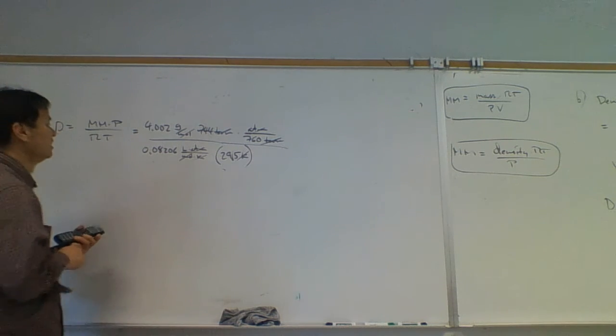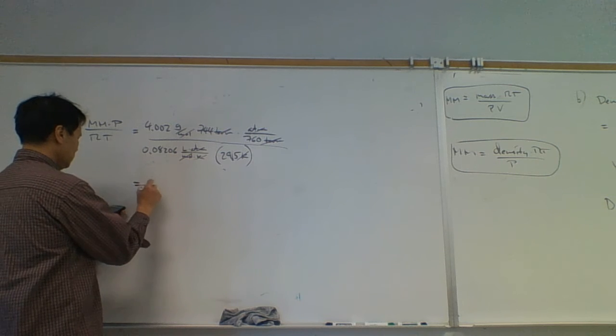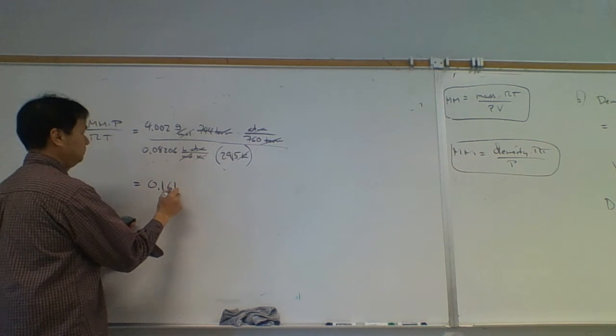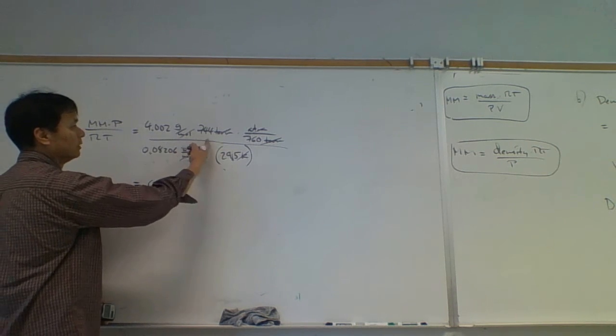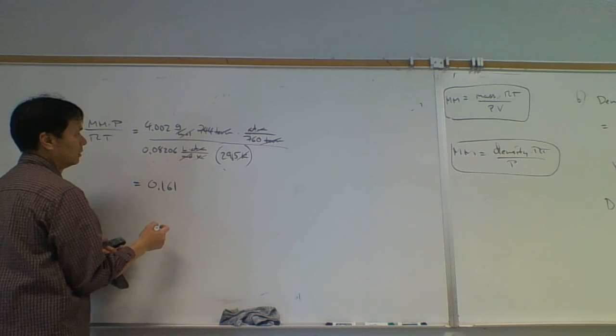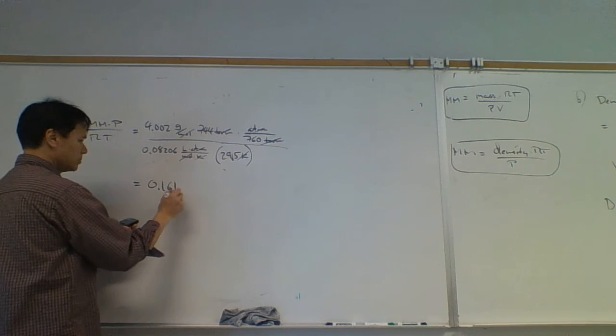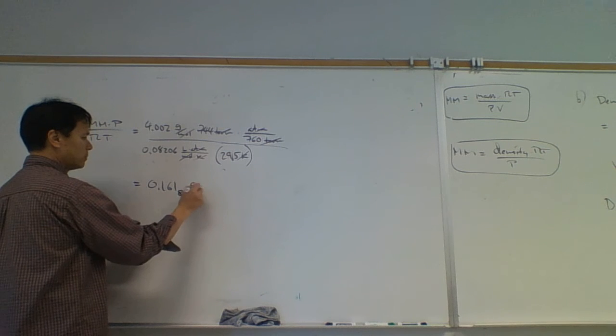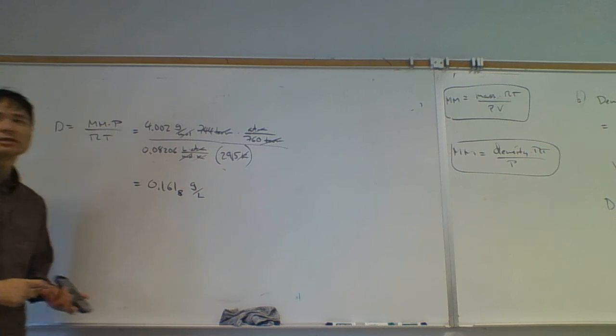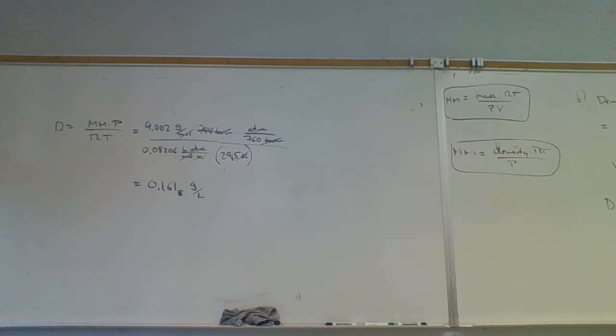I got a density of 0.161. How many sig figs are we allowed? Only 3 here, from 744 torr. So 0.1618 grams per liter, or 0.162 grams per liter. So that's what they ended up getting, 0.162.